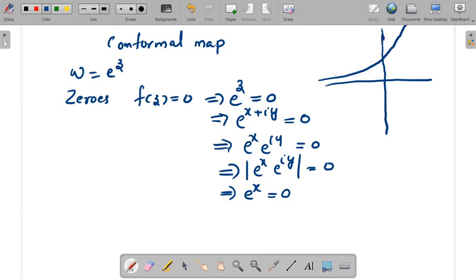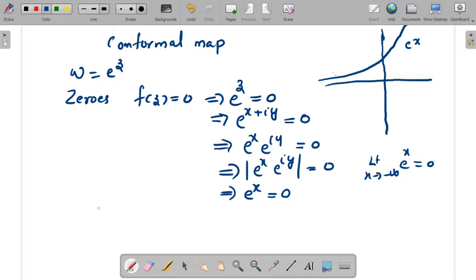It doesn't touch the x-axis at any finite point, and we just say that as x tends to minus infinity, e raised to x is equal to 0. So for no finite point is e raised to x equal to 0, and hence there is no point for f of z equal to 0. So this function has no zeros.